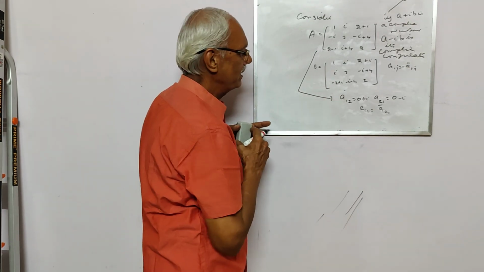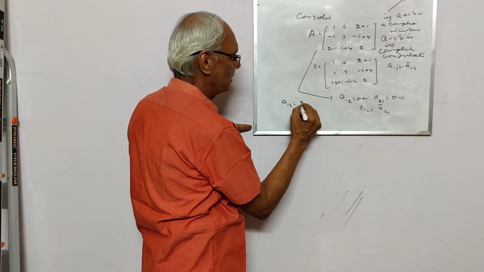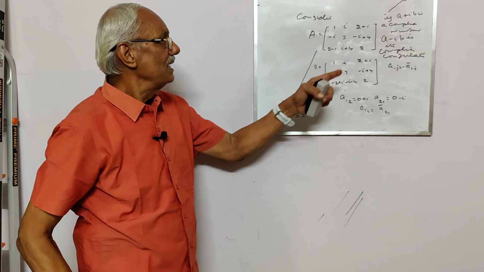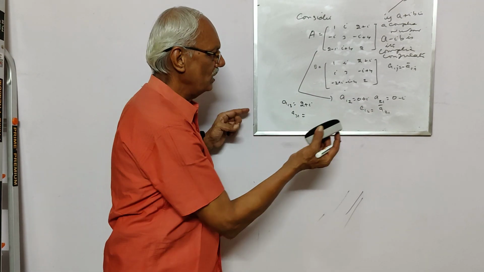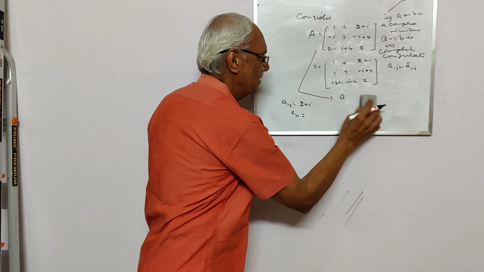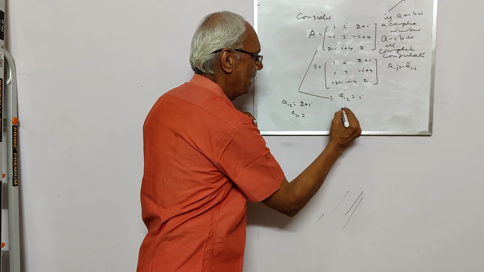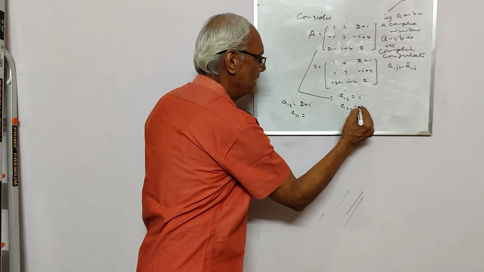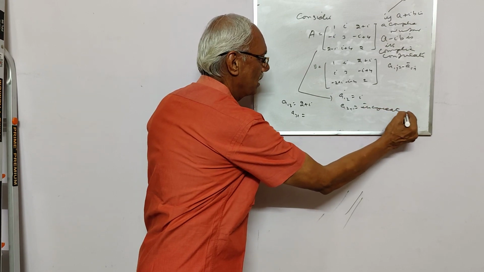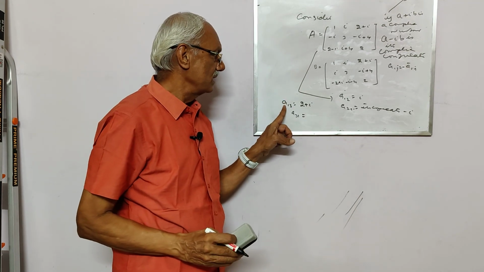Now let me come to A13. A13 is 2 plus I. Now what is A31? If A12 is I, A21 is equal to its conjugate, minus I.